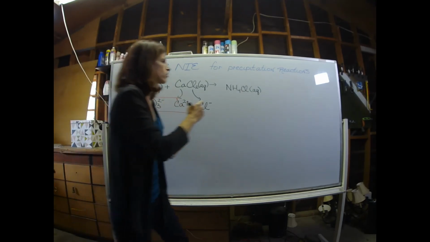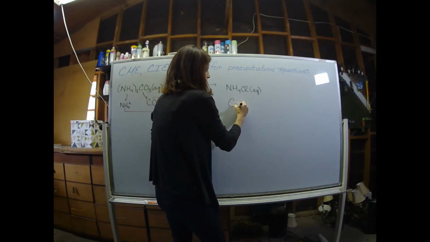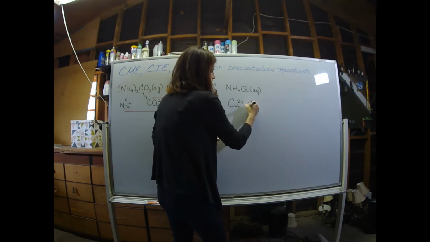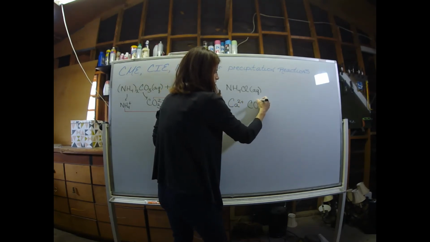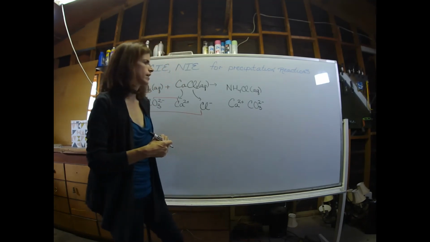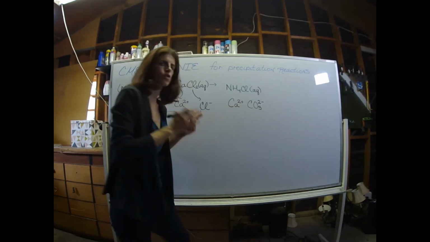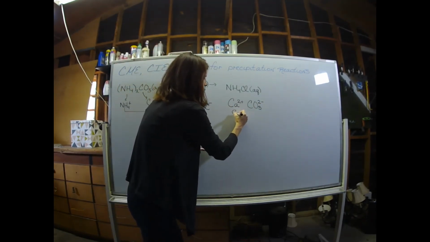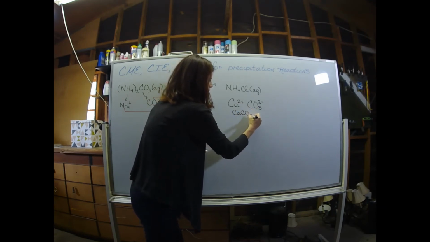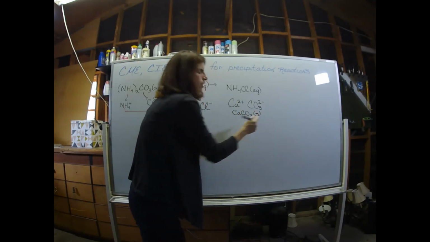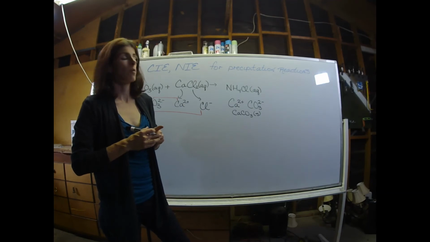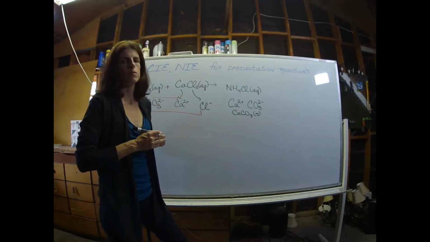And I'll reorder those. So first I have Ca2+, and then next I should write the carbonate, CO3 2-, +2 -2, that's going to be a 1-to-1. That gives me calcium carbonate, which, looking at the solubility rules all the way towards the bottom, that'll most likely be a solid.